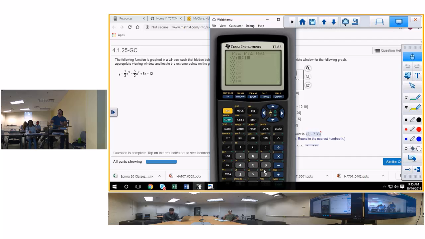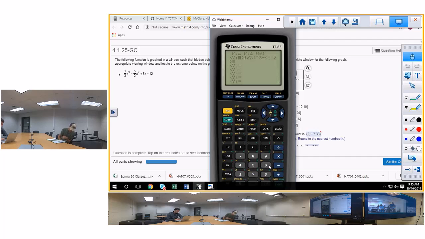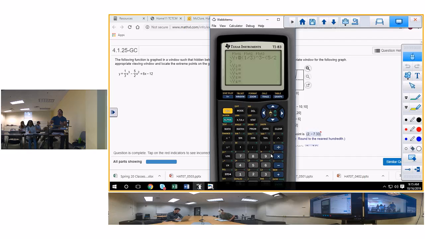Parentheses, 1 divided by 3, close parentheses, raised to the 3rd power, minus parentheses, 5 divided by 2, close parentheses, to the 2nd power, x to the, oh, I didn't do x, did I?